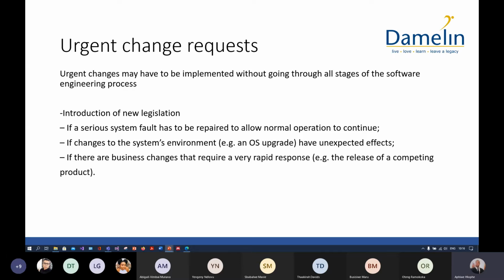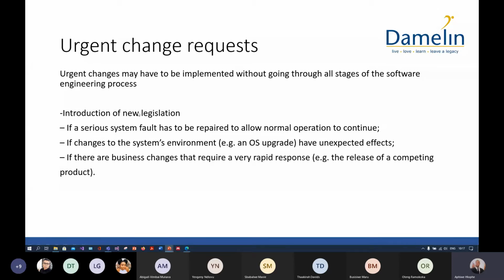Urgent changes may have to be implemented without going through all the stages of the software engineering process. Introduction of new legislation. So we won't go through the whole SDLC. You're just going to go directly to the code. You're forced to do so because it's urgent. It's something that came about spontaneously. We weren't able to predict it. So, introduction of new legislation.